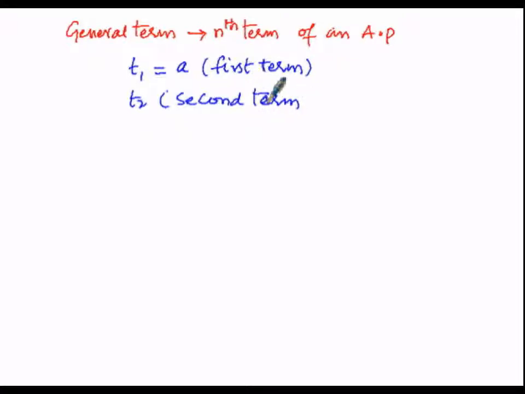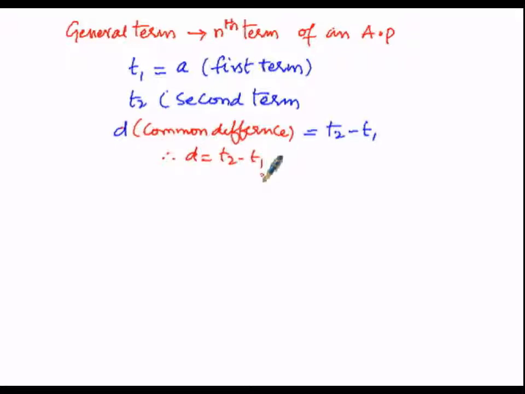The common difference is D. The common difference is given by the formula T2 minus T1, the difference of two consecutive terms. Hence, the difference D is given by T2 minus T1 or T3 minus T2.